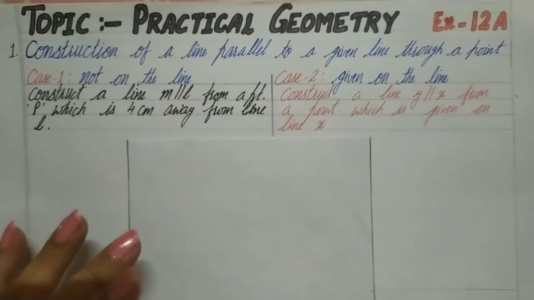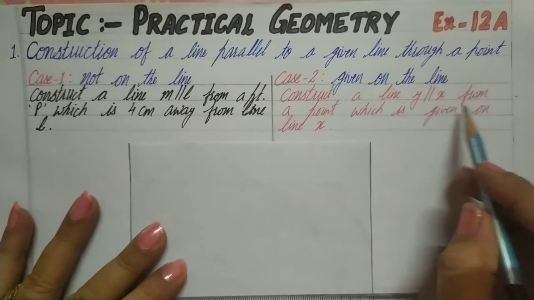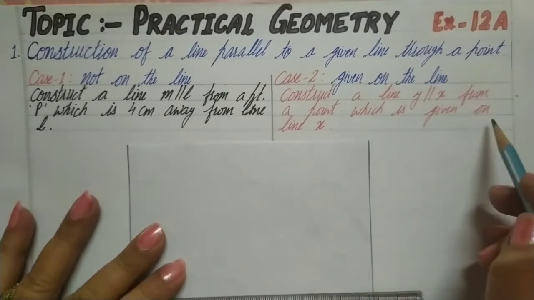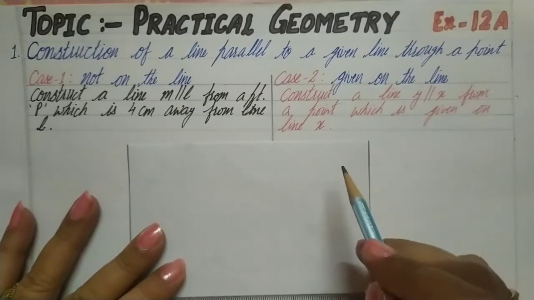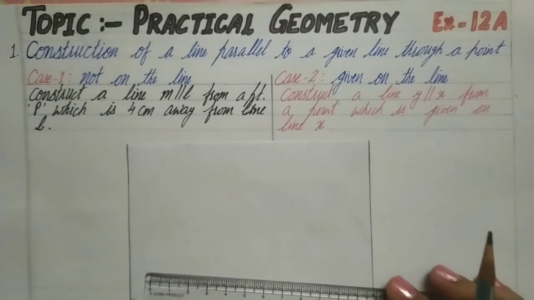Now moving to the second case, here we have to construct a line Y parallel to X from a point which is given on line X. Now here in this case the point is already given on the line.